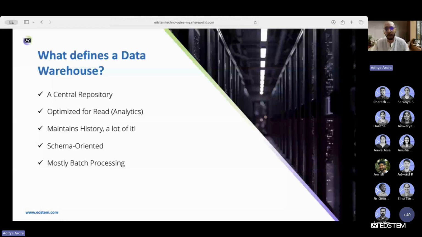Then it maintains history, a lot of it. So you see, there's no industry definition of a minimum size for something to be qualified as a data warehouse. You can have a data warehouse which is all in all 1 GB, or you can have 1 petabyte. So enterprises define this limit.